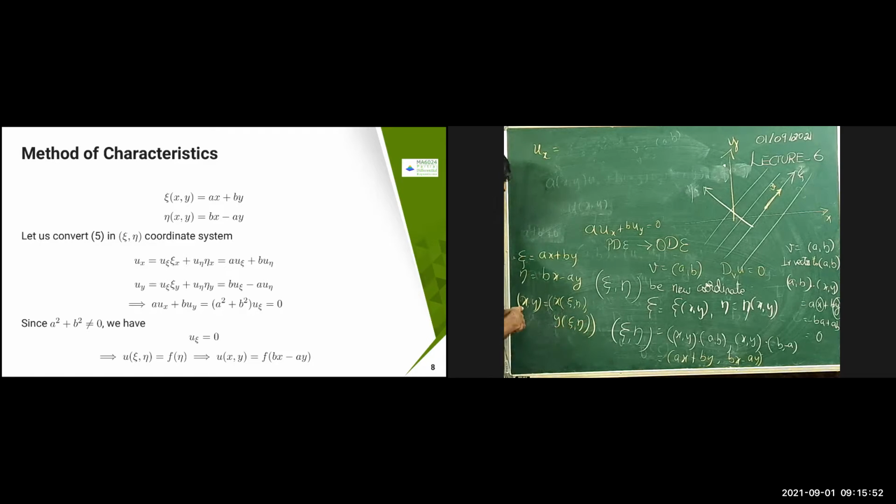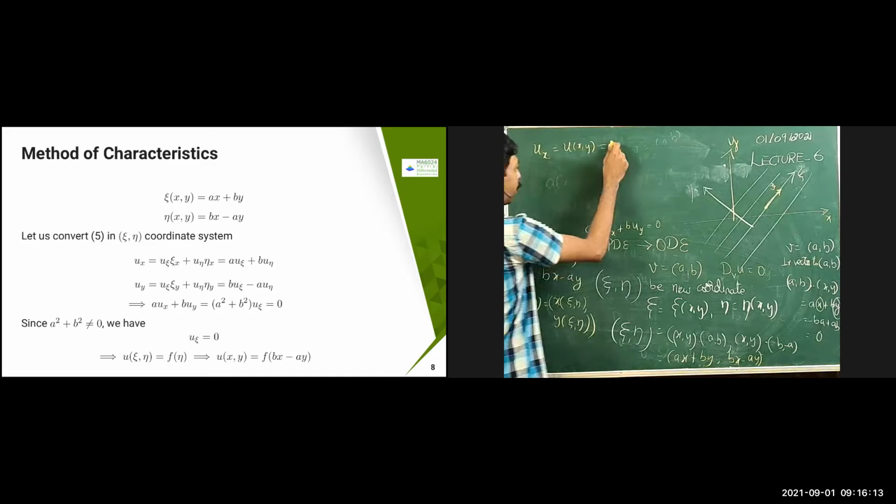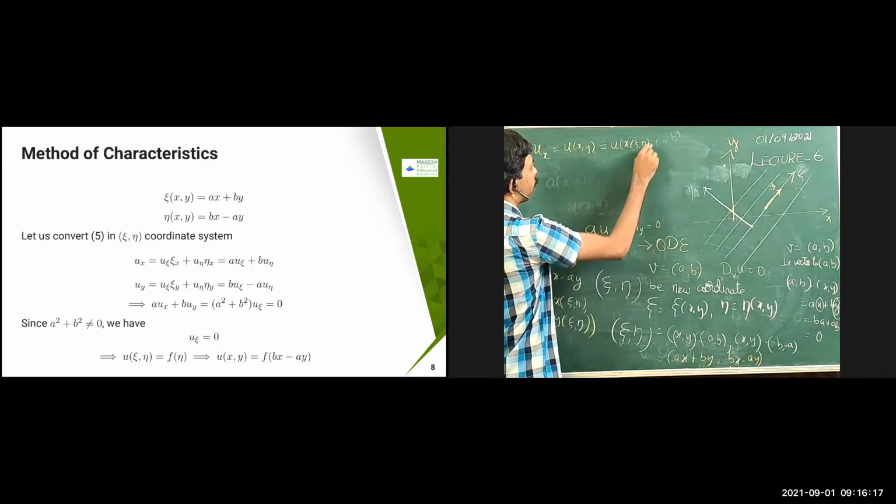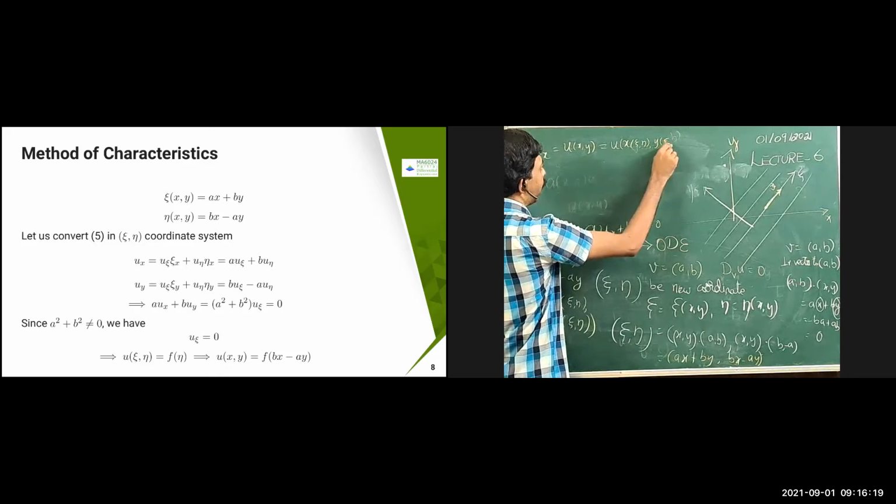Because if you solve this problem, once again, you are going to get x as a function of chi comma eta, and y as a function of chi comma eta. So therefore you have to use the chain rule now, because u is a function of x comma y, but x is a function of chi comma eta, and y is a function of chi comma eta.